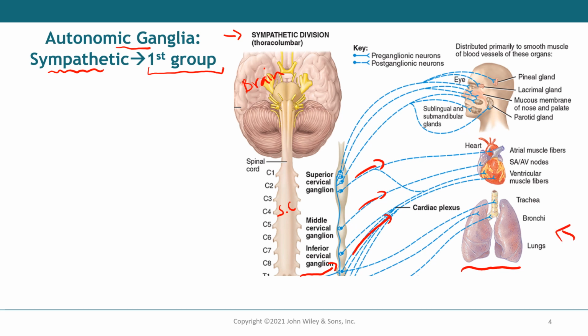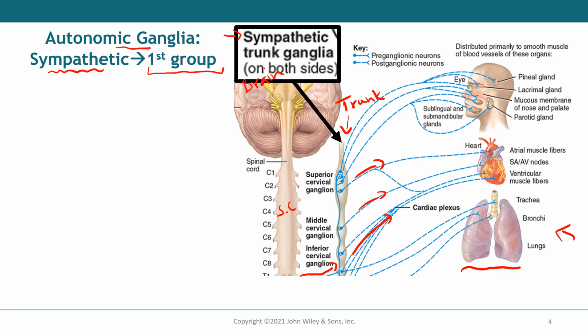And here, of course, we have been talking about the trunk ganglia. That is not only located here, but if we were going to do this correctly, there would be another one here. But just to simplify it, you will find that.